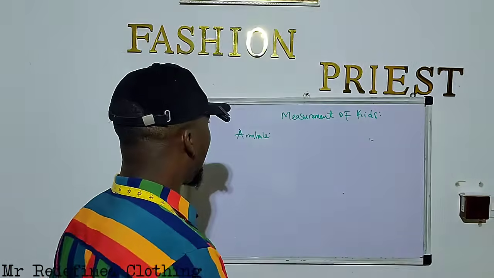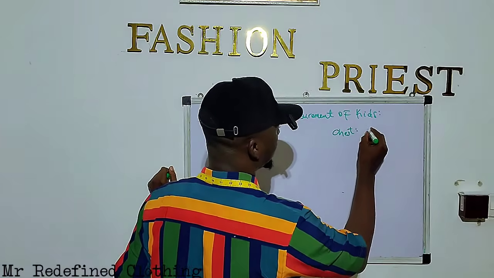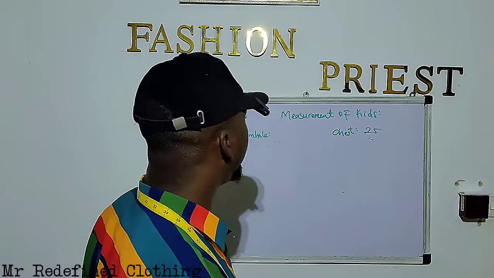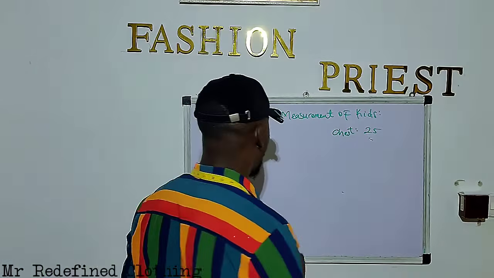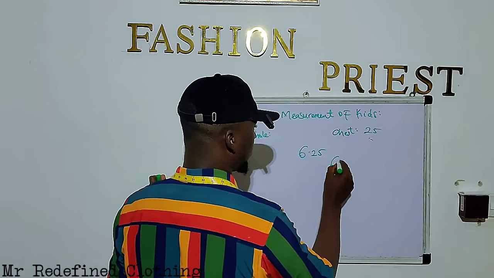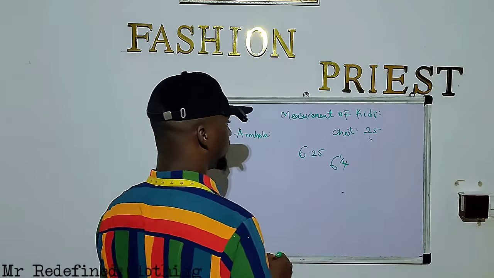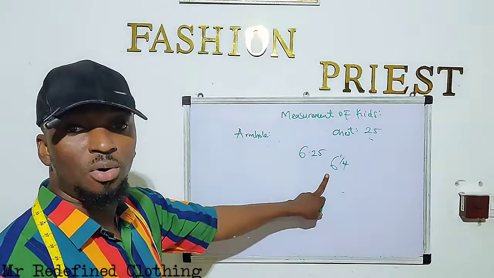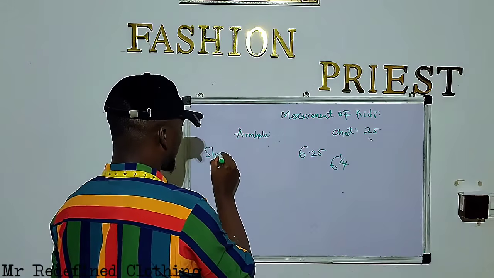So let's assume that we have a chest of, let's say, 25, right? Now, if you divide this by 4, you are going to have 6.25. That's 6 1/4. So now, this 6 1/4, if you're making an armhole for long sleeve, okay, let's start from short sleeve.